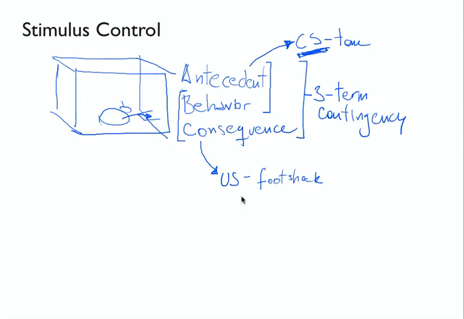So one way in which we can have pretty good control over the antecedent in operant conditioning is by presenting a particular stimulus. So this may be a light that signals that a particular contingency is in effect.